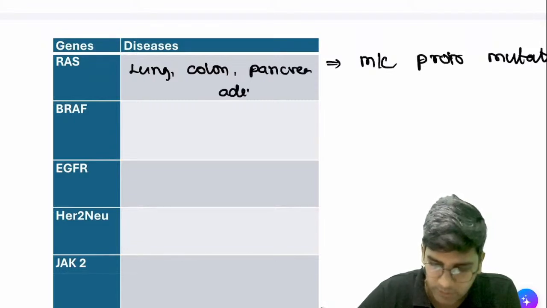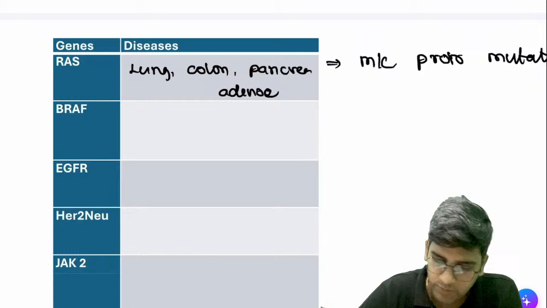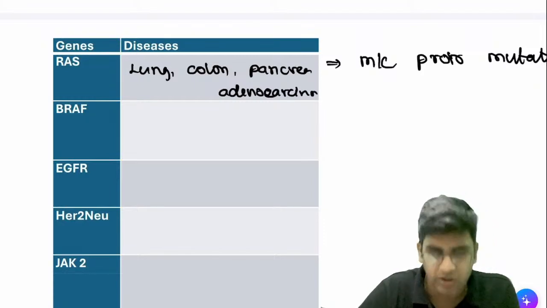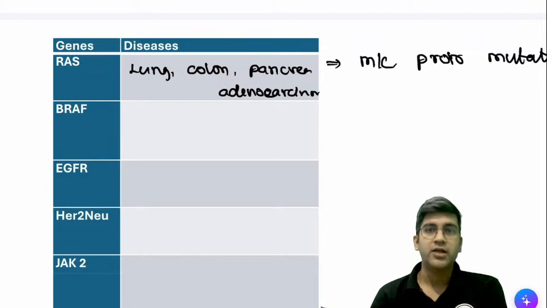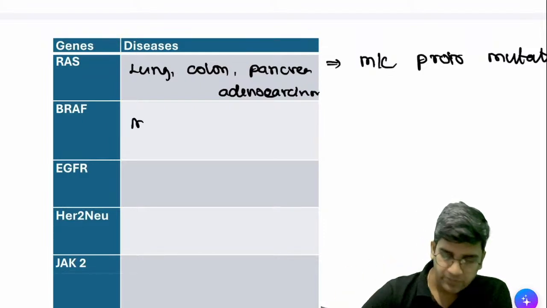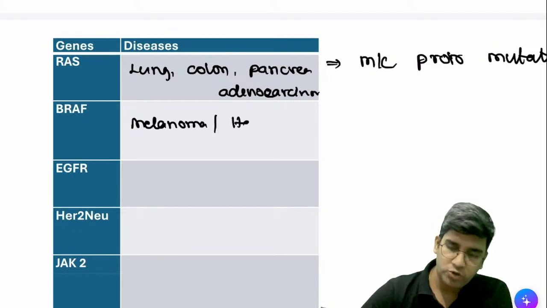Okay, all adenocarcinomas, not squamous. Only in adenocarcinomas I'll have this. Whatever proto-oncogene I'm going to tell you is important because it is useful for diagnosis or prognosis. Right? BRAF is seen in melanoma, and a tumor called hairy cell leukemia. Okay.